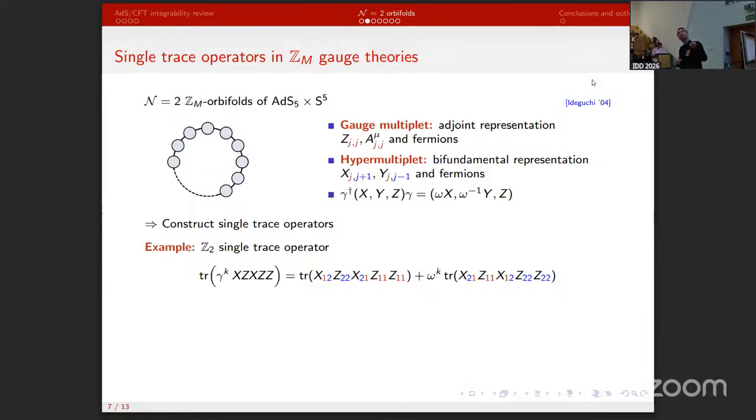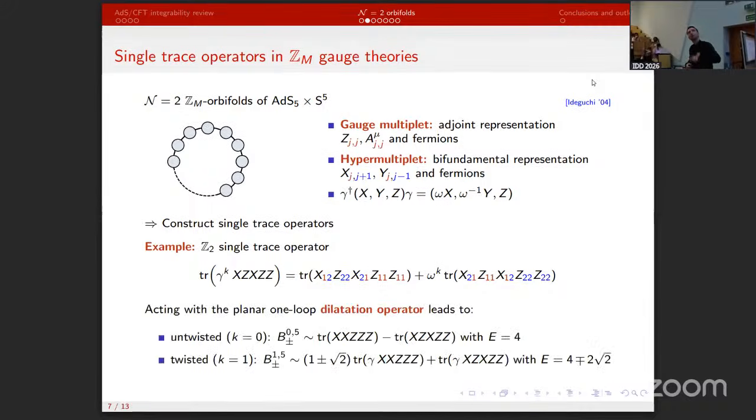Then of course you can just multiply out these matrices that I gave you, and what you'll find is that you have this sequence of the gauge groups that it transforms under, and in particular it's closed. Otherwise it would be projected out by the orbifold. So we start with the 1 and we end with the 1, and here we start with the 2 and we end with the 2, but we also pick up this factor omega to the k here because it's basically like a different part of the sector.